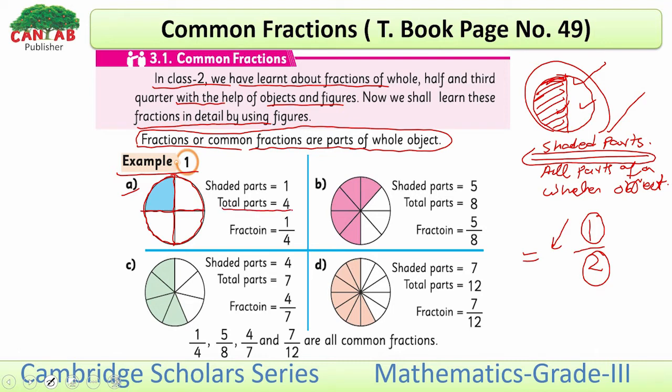Total parts 4, shaded parts 1. So the fraction will be 1 over 4. This part is called the numerator and this 4 is called the denominator.